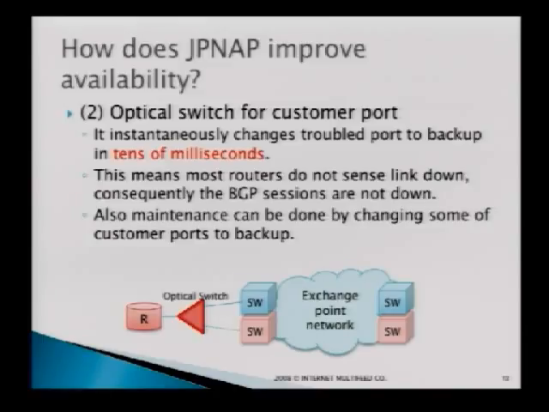And it is done in tens of milliseconds. And this means most routers do not sense link down, and therefore the BGP sessions do not go down. This feature is very important for the providers, I think. Because if the link down is sensed and the BGP session goes down, the router starts to recalculate the best route, best path, and best route again.